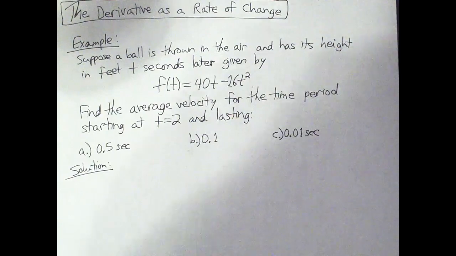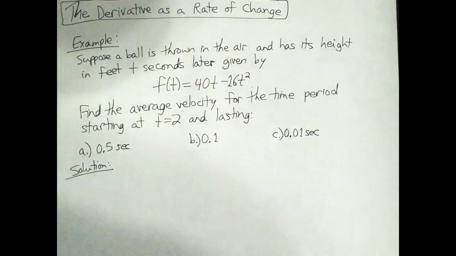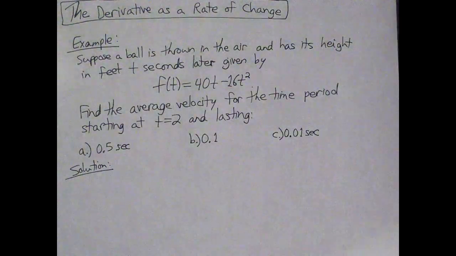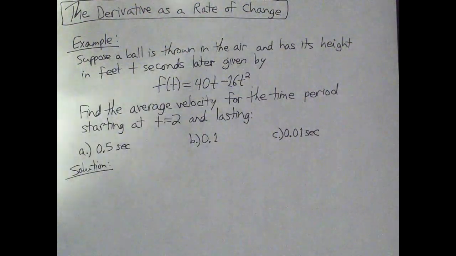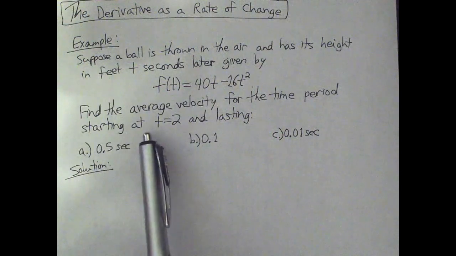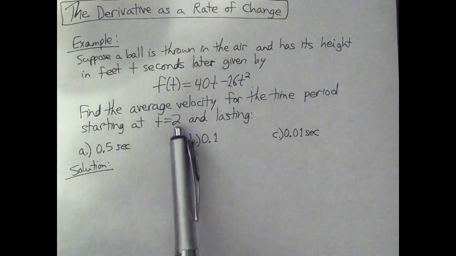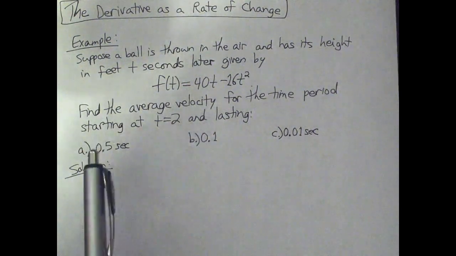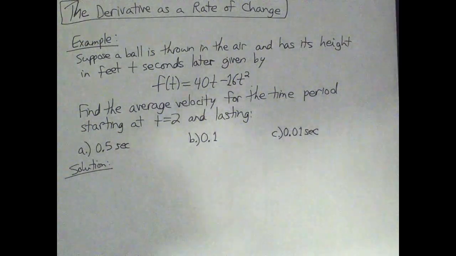Let's just think about what's happening here. I don't really have anything like a ball. Just imagine I'm throwing a ball into the air, and we're interested in what's happening t seconds later. In particular, we're interested in a time period starting at t equals 2. So 2 seconds has passed, and then we're going to let some more time pass. So it's almost like we throw a ball into the air.